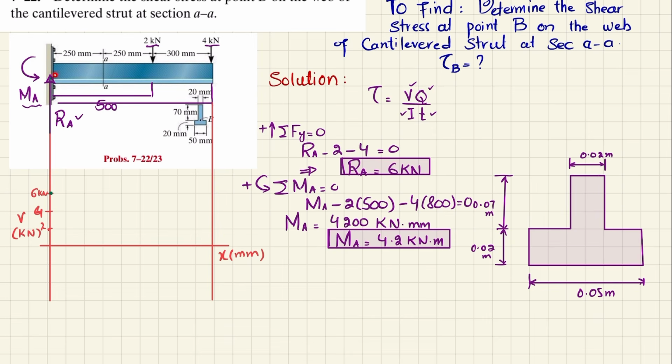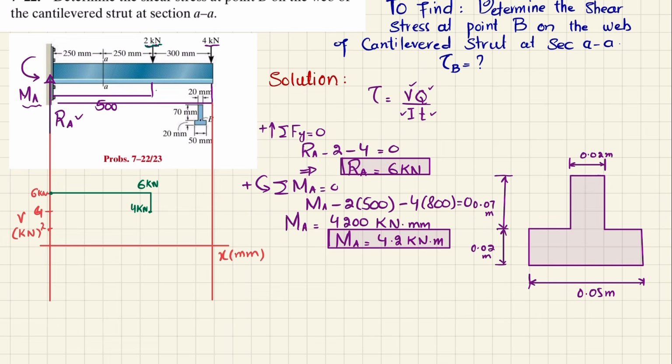Now moving from point A till this load, there is no other load between them, so it will be horizontal at 6 kilonewton. Now here you have a 2 kilonewton load, so 6 minus 2 will bring it to 4 kilonewton.